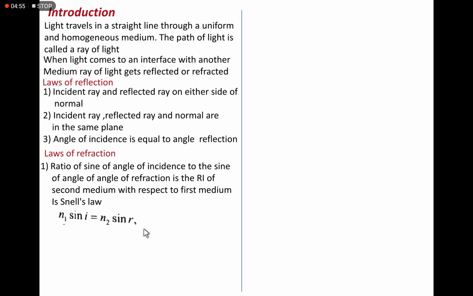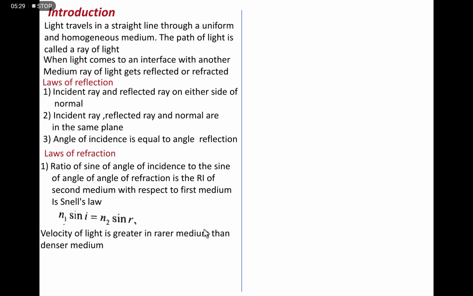Then sine of angle of incidence to the sine of angle of refraction equals n2 divided by n1, that is, the refractive index of the second medium to the refractive index of the first medium. This ratio gives us the refractive index of the second medium with respect to the first medium. This is the introduction of the topic.